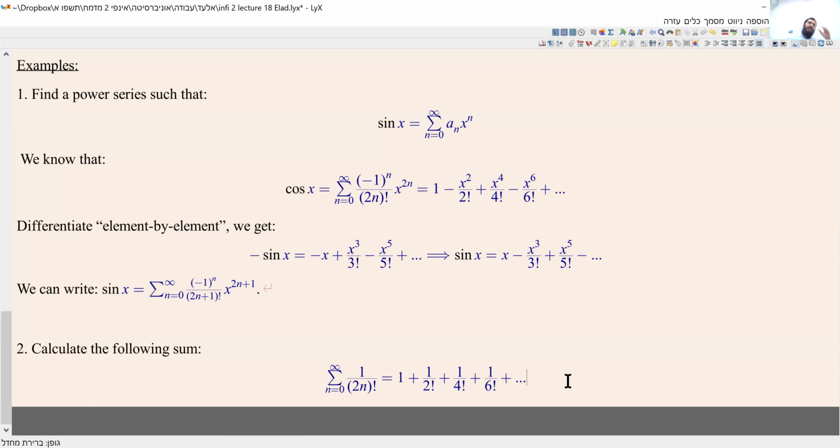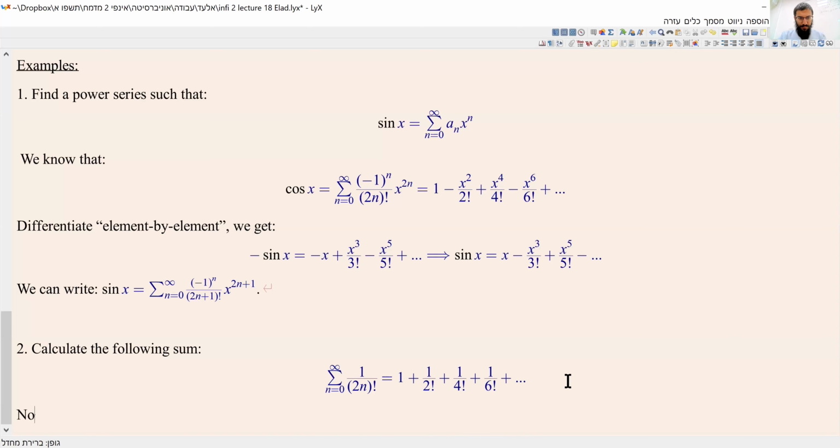It could be e to the 1 minus sine 1 or something like that. You are getting closer. Right.